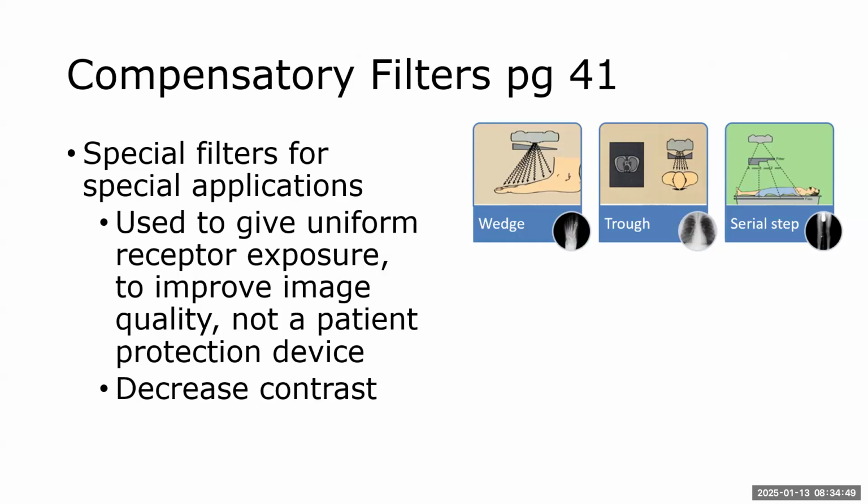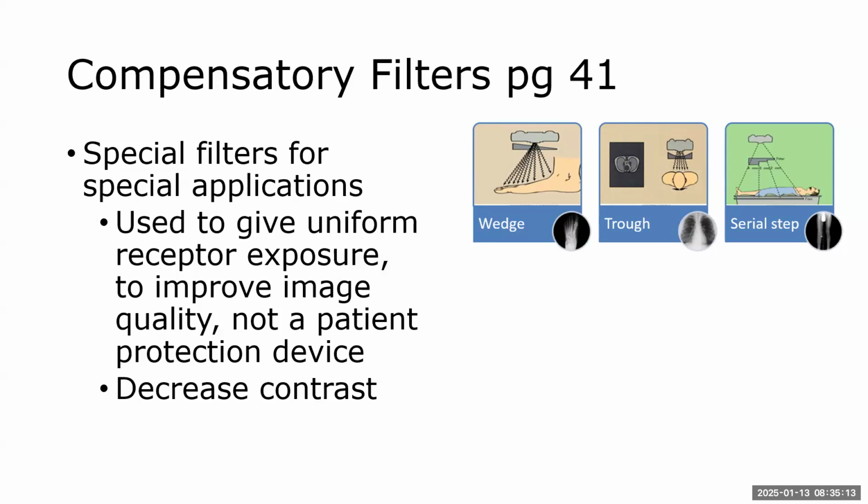You've seen that? Okay, so they have these special filters that they can put on the face of the collimator because the thickness between your hip and your ankle is great, right? I'm a lot thicker up here than I am down at my ankle, and that's the way most people are.